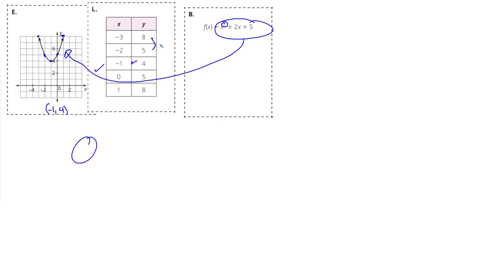We have that rate of change. So here we had a decrease of 3, decrease of 1, increase of 1, increase of 3. And so we changed by 2, we changed by 2, we changed by 2. And so that second change is always 2. And so that means it's quadratic.